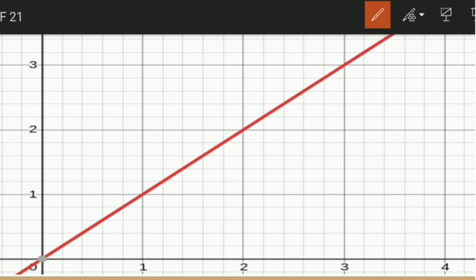And let's try to find out the slope of this graph. Quite simple, right? We can choose 2 points and draw a triangle, and we can find tan theta.